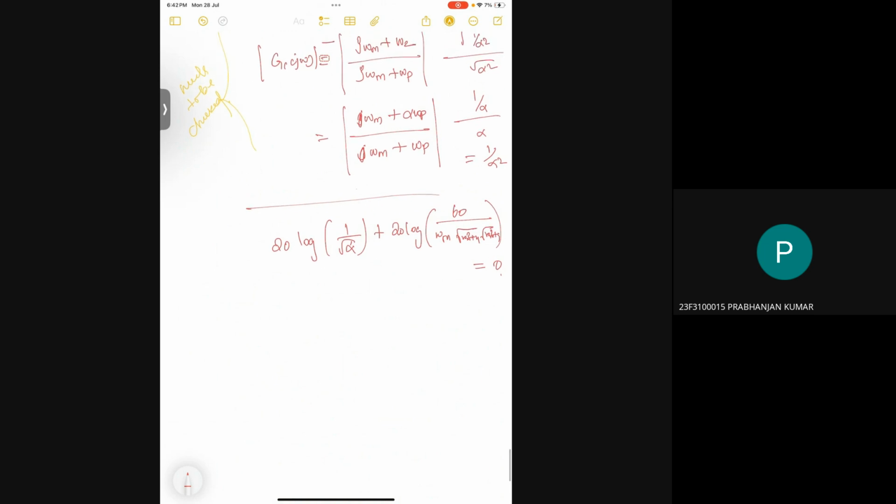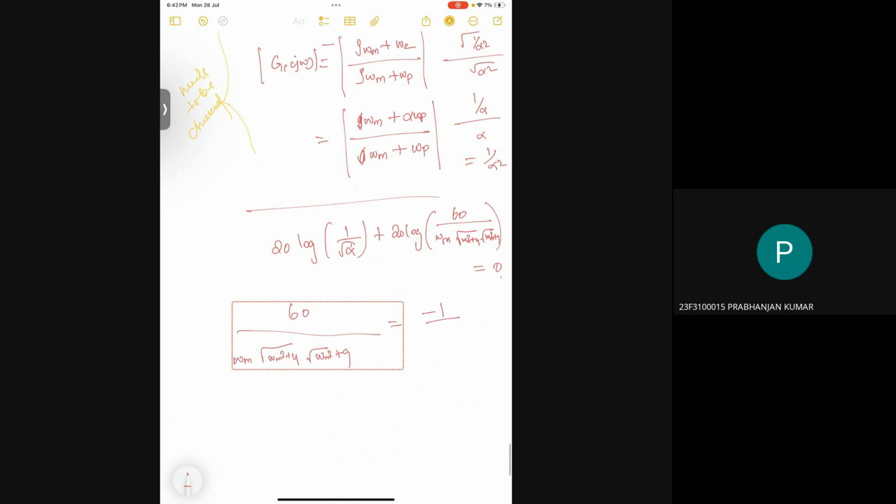So when I'm taking the log there on this side, the 20 log will get cancelled. So this will be left with omega m root of omega m square plus 4 root of omega m square plus 9 equal to minus 1 by root alpha. I'm keeping the 20 log as it is so that I can change the sign and then I can remove it.